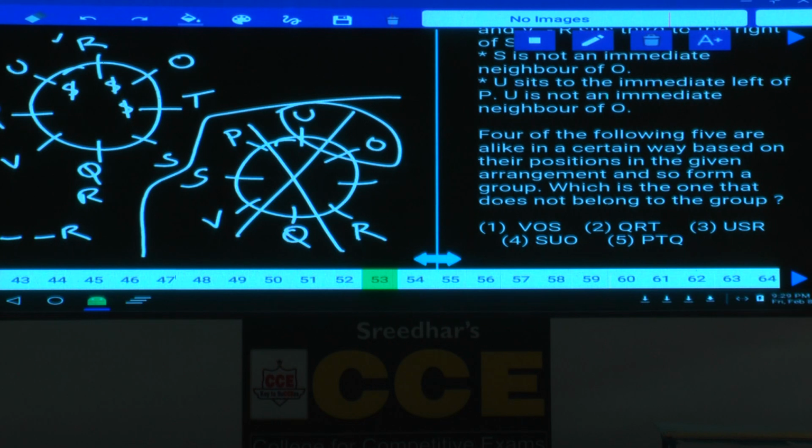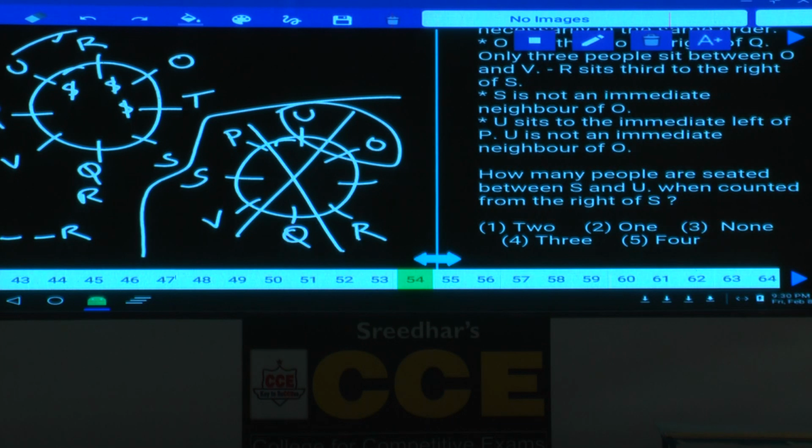And Q, R and T. Now, U, S and R. U and R are adjacent to each other, isn't it? But whereas in the remaining cases, if you observe here, there are two persons, left hand side second and so on. But in the third one, these 2 persons are adjacent to each other. Hence, it is the odd one.